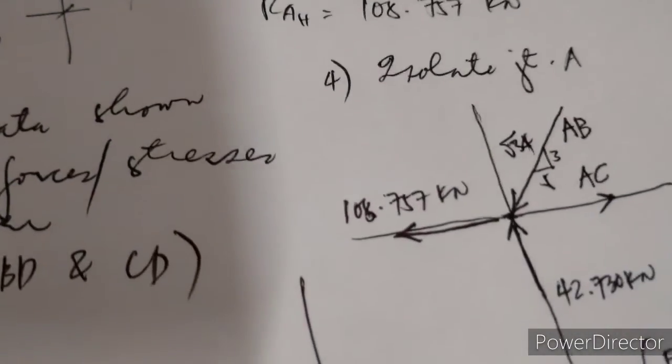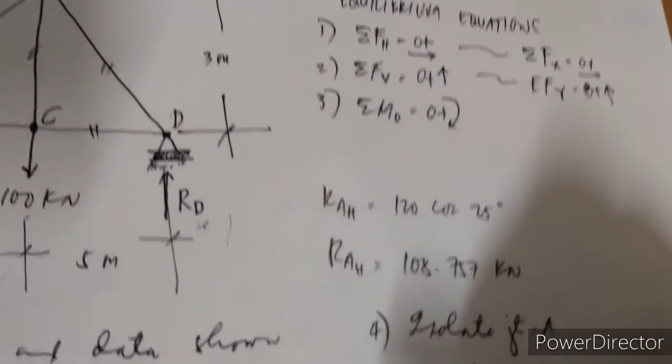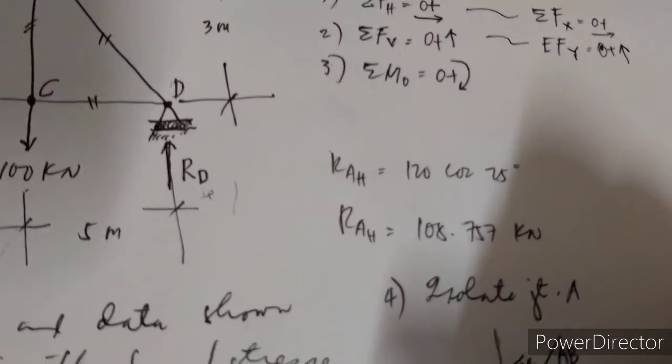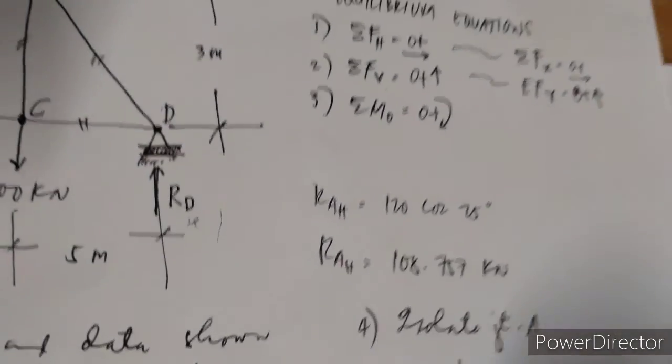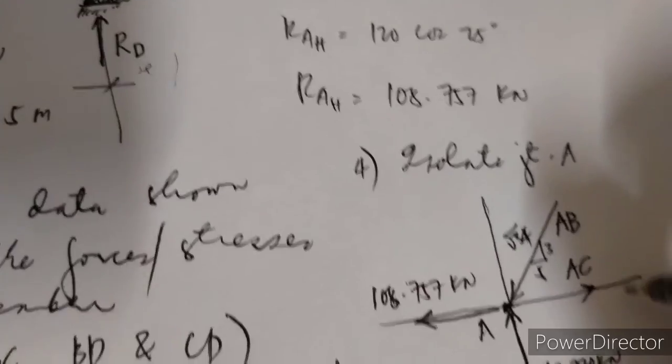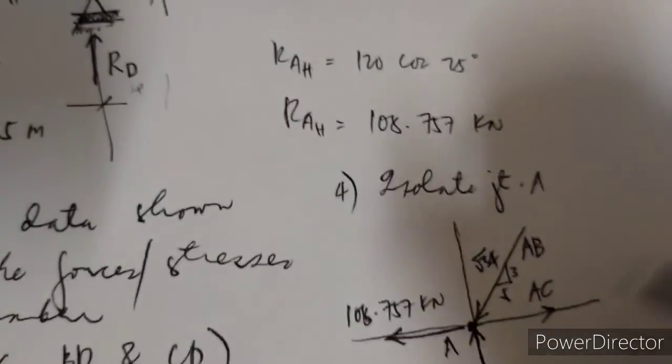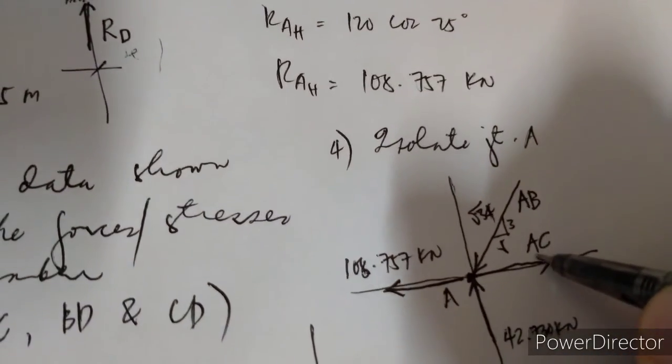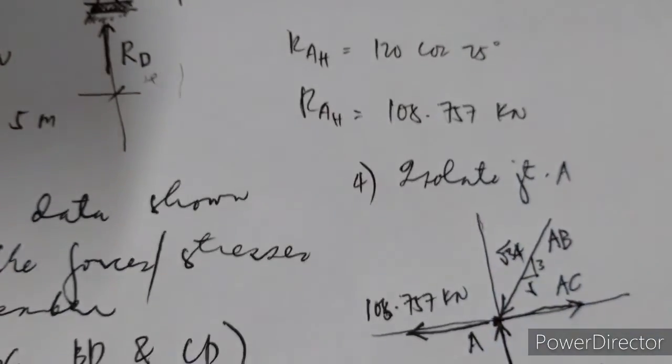So we consider this joint A. What is unknown in this particular joint? Actually, members AC and AB are unknown.